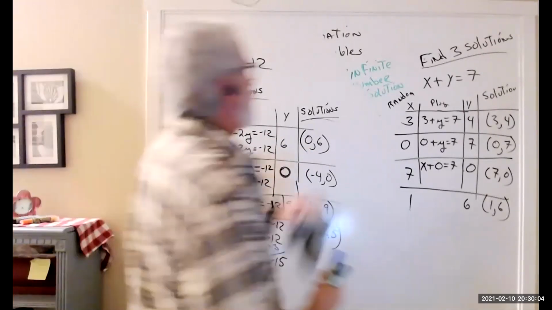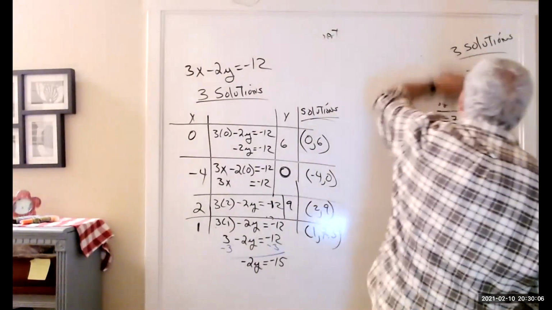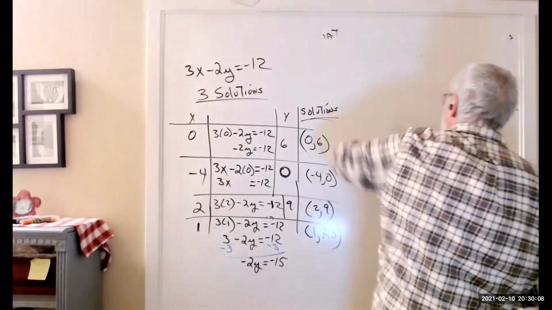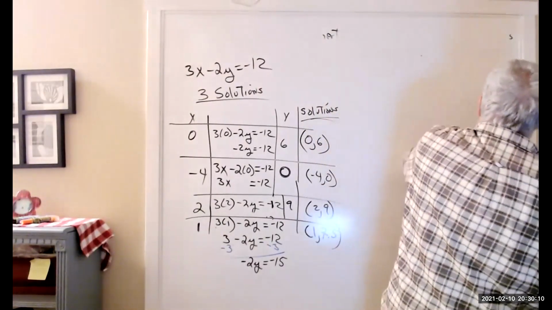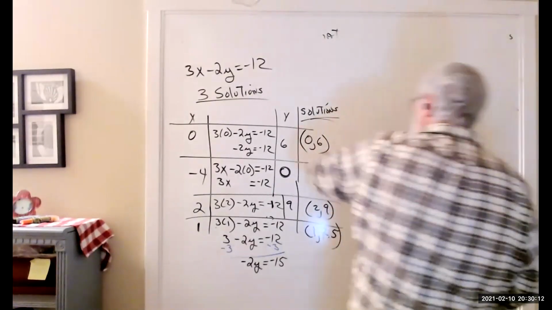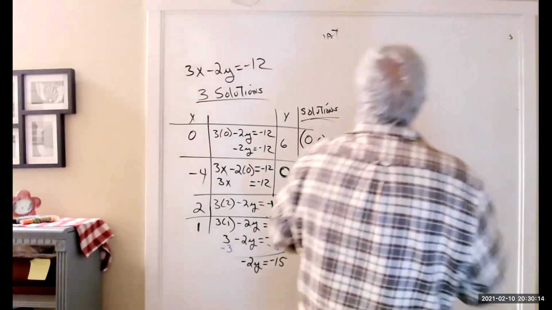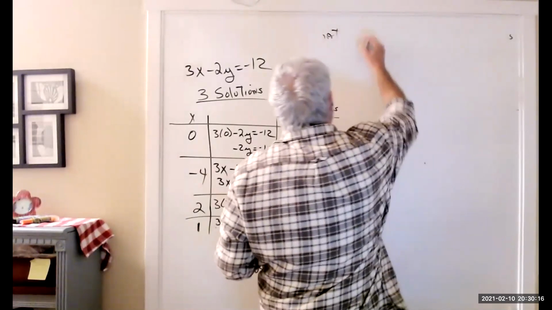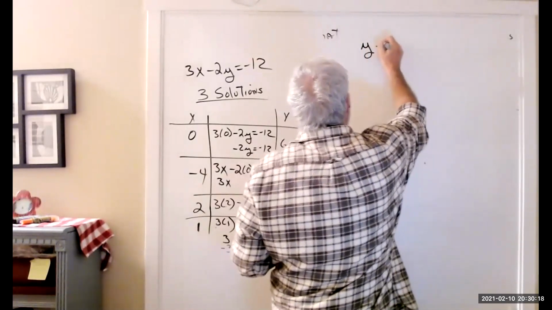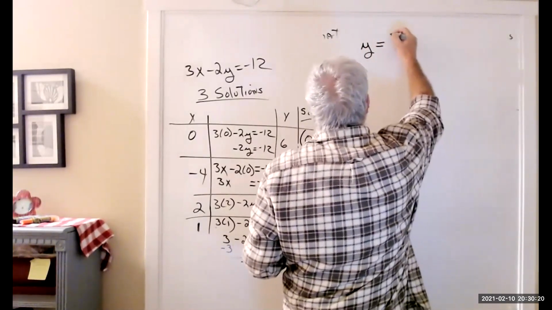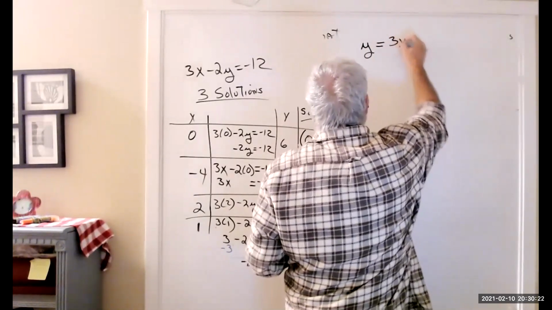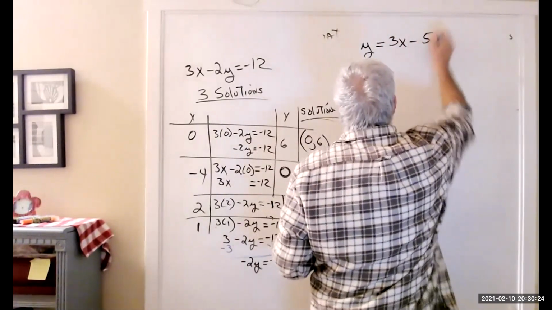A slightly different equation. Okay. Sometimes we'll write our equation as y equals 3x minus 5.